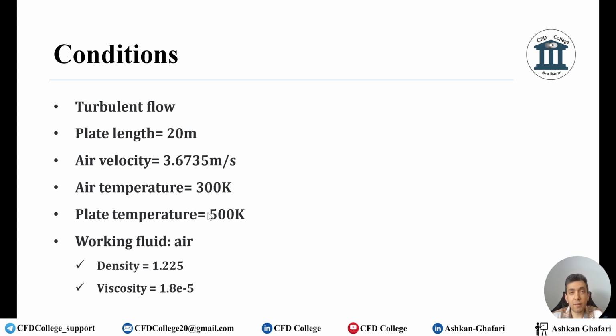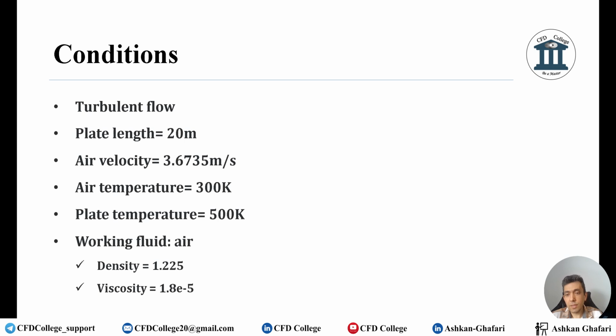And although we have heat transfer, the properties of the working fluid, which is air, are constant. They are not affected by the temperature. They are usual values, but I always increase the viscosity a bit to have a good value for that.